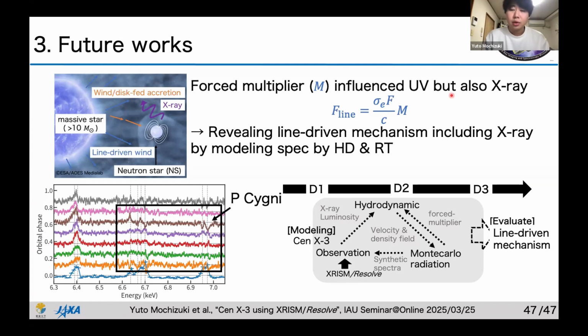So to deeply understand the line-driven mechanism, we have to include the effect of X-rays. So I plan to model the Centaurus spectra and out-of-eclipse P Cygni profiles, using hydrodynamic simulation combined with radiation transfer calculation.